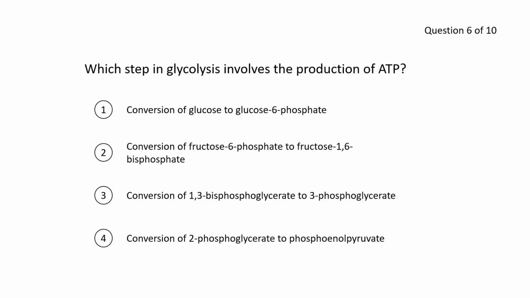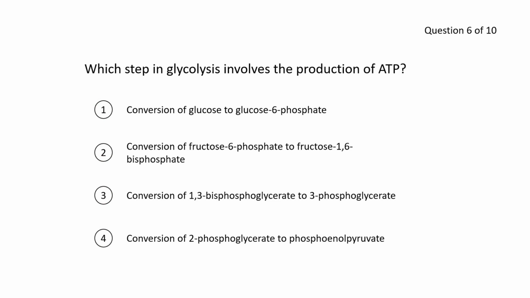Question 6. Which step in glycolysis involves the production of ATP? So it's not 1 because glucose to glucose 6-phosphate, we use ATP. It's not 2 because fructose 6-phosphate to fructose 1,6-bisphosphate, we also use ATP. Remember, these are the 2 reactions in the prep phase where you use ATP. Conversion from 2-phosphoglycerate to phosphoenolpyruvate, you don't produce any ATP.